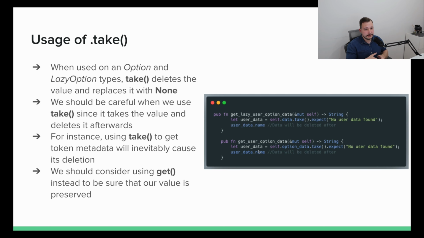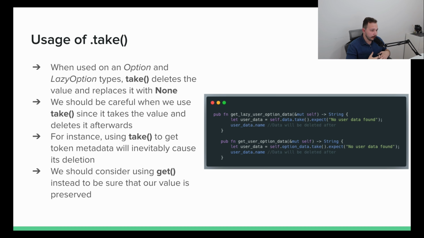So, usage of take. When take is used on Option and LazyOption types, it deletes the value and replaces it with None. So we should be very careful when we use take, since it takes the value and then deletes it afterwards. If we, for instance, want to get token metadata, and we get it using take, the token data will get deleted afterwards.